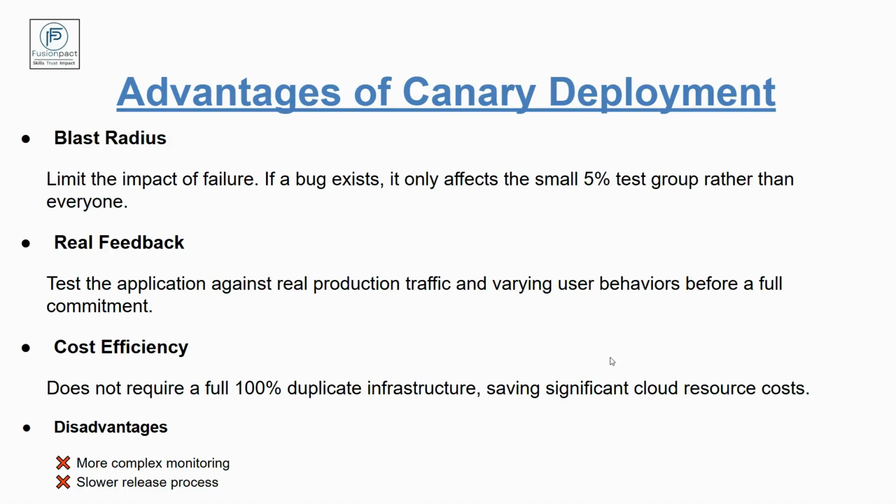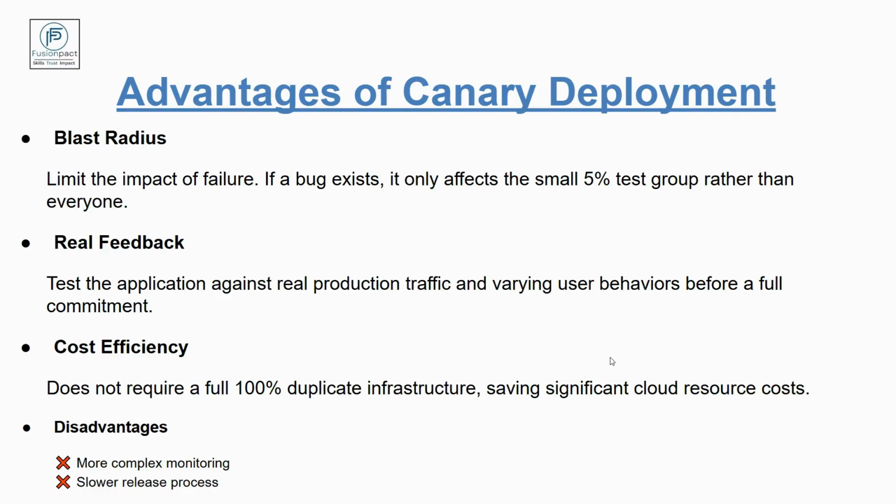The advantage of canary deployment is blast radius reduction: if the new version has a bug, only a small percentage of users are affected. And we get real feedback, as we test the application using real production traffic.